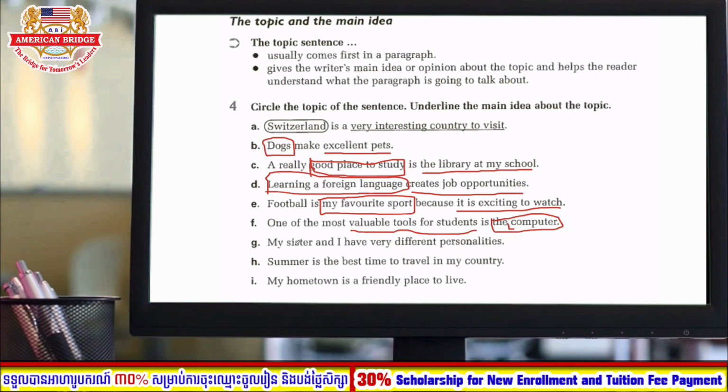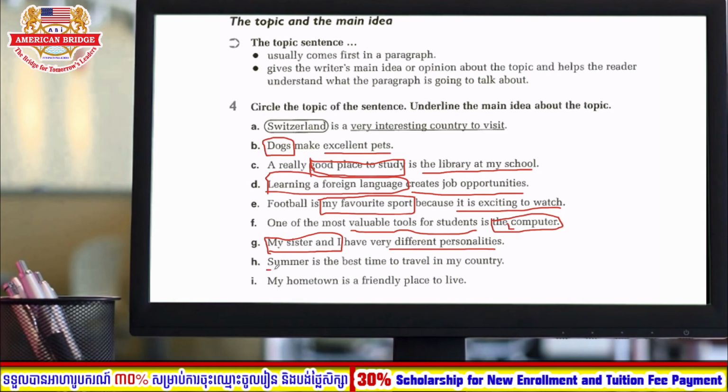So letter G, my sister and I have very different personalities. So the topic must be my sister and I, and then the main idea is very different personalities. H, summer is the best time to travel in my country.